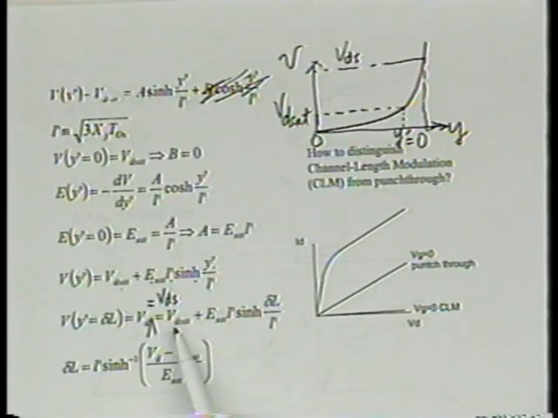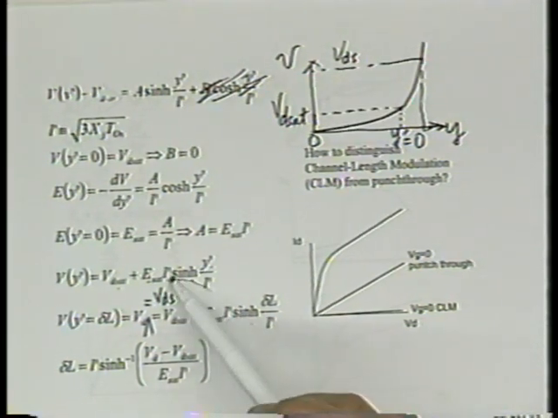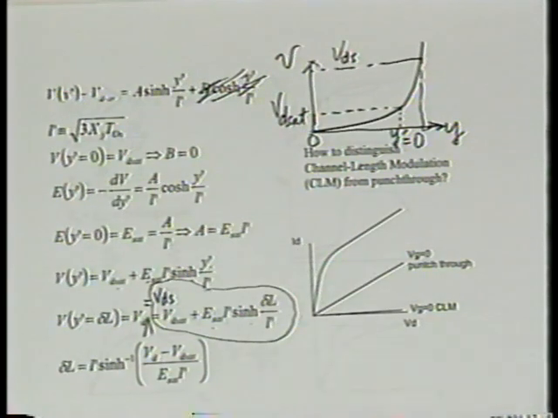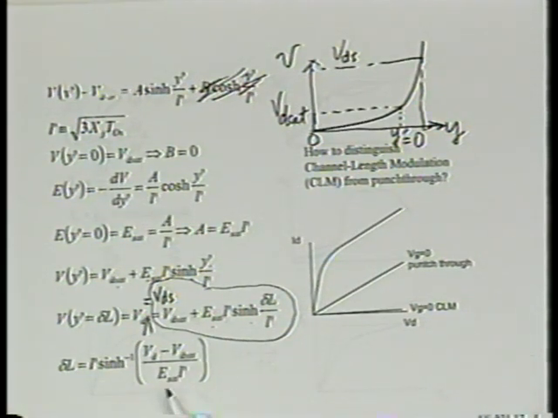So here we repeat that. VDS is equal to VD sat plus E sat L prime hyperbolic sine delta L over L prime. Yes? Now, will these two allow you to get an expression for delta L? The fact that VDS is equal to that, will you be able to get an expression for delta L? Does that make sense? The next step?